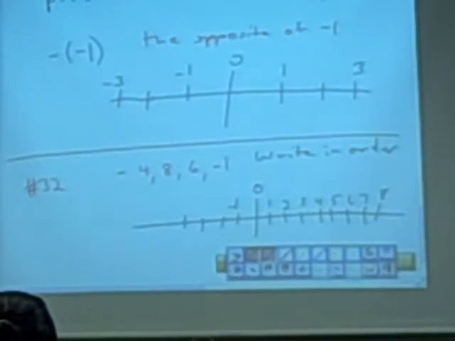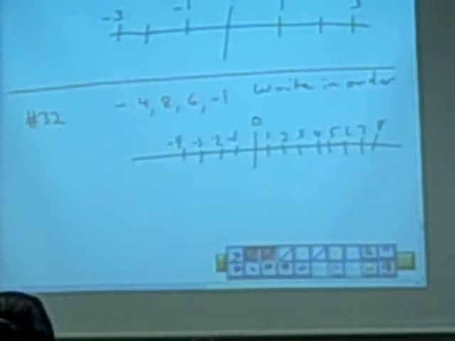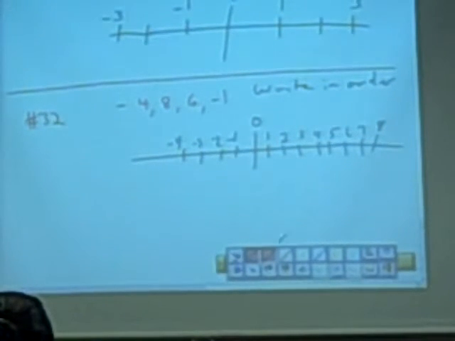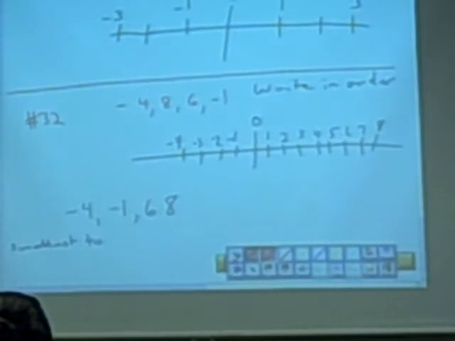And here's negative 1, negative 2, negative 3, negative 4. So the smallest number would be what? Negative 4, and then what would be the next smallest? Negative 1, and 6, and then 8, right. So we want to go from smallest to largest. Okay? And that's our answer.